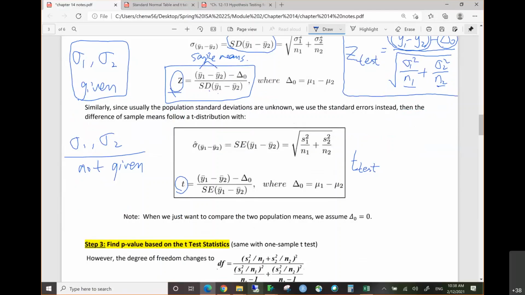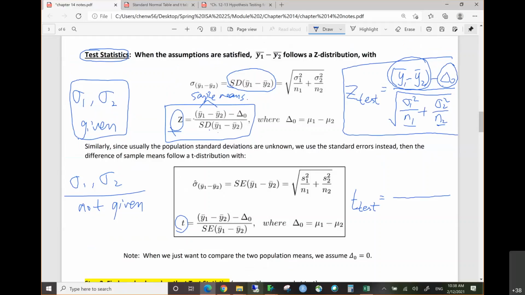For the t-test statistic, everything on the top is the same. We still use y1 bar minus y2 bar minus our claimed value. Divided by, now we don't know the population standard deviation, so we use the sample standard deviation instead.